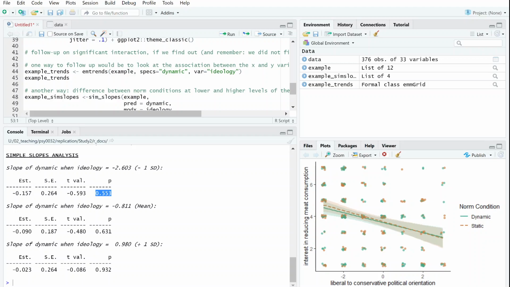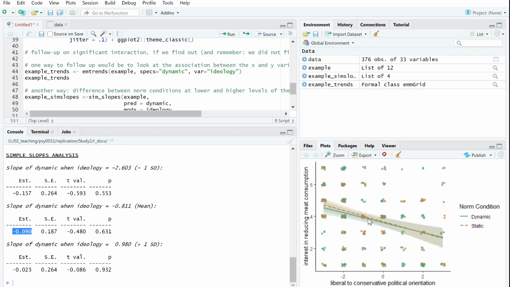Okay? We can do the same thing at 3 other points along this pair of lines here, right? At a value of the mean for ideology, so a value of minus 0.811, which would put us maybe around here in this plot, we can see that the mean difference between the static and the dynamic conditions is minus 0.09, with dynamic being lower than static. And that's true here in the graph, right?